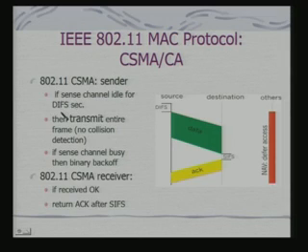If it senses the channel idle for some DIFS period, then it transmits the entire frame because it has not detected any collision. If the channel is sensed to be busy, then it does a binary back off. And the receiver, if the frame is received OK, returns an acknowledgement after a certain time period, which is SIFS.